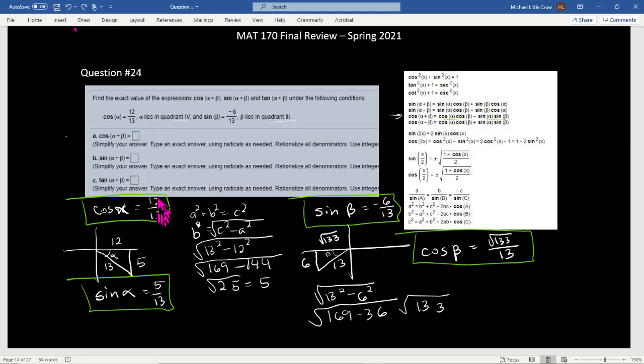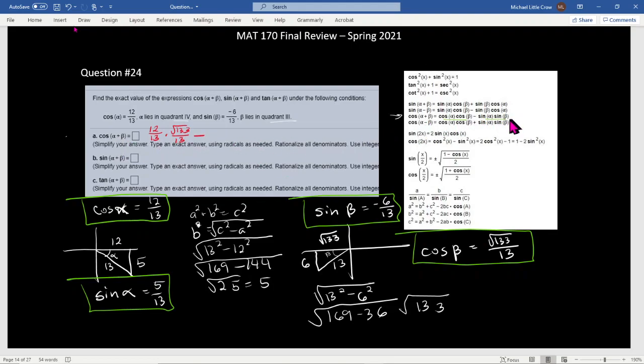So cosine of alpha is 12/13 times the cosine of beta, square root of 133 over 13. And when you have the plus, you have a minus.